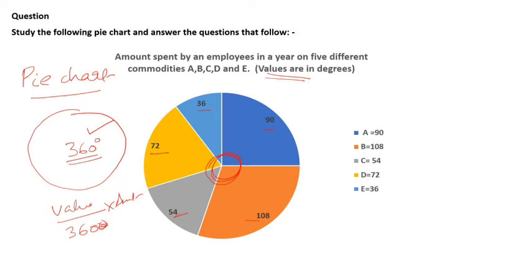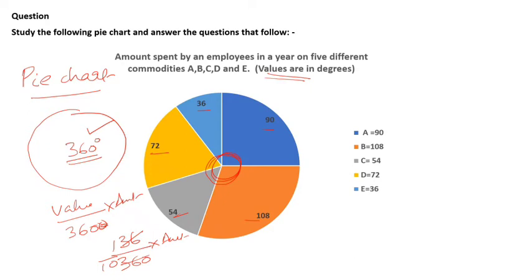Understand very clearly, value divided by 360 into amount. Suppose here you have 36 degrees. I can take it as 36 divided by 360 into amount, whatever amount is given in the question. So you can cut this 36 and 360, 1 by 10 multiplied by amount.